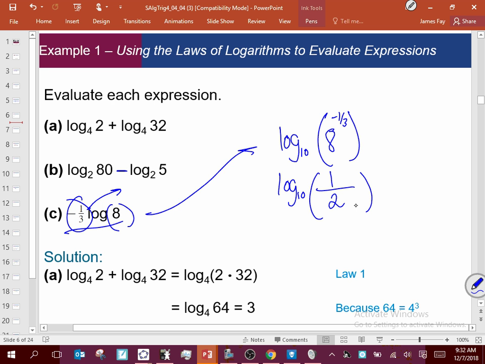Okay. So now I've condensed my argument down to one value, right? That's the purpose of doing this. The question is, what do I raise 10 to get back to 1/2? Well, that means I've got to take 10. If I raise it to a positive integer, it's going to grow to 10 or 100 or 1,000.